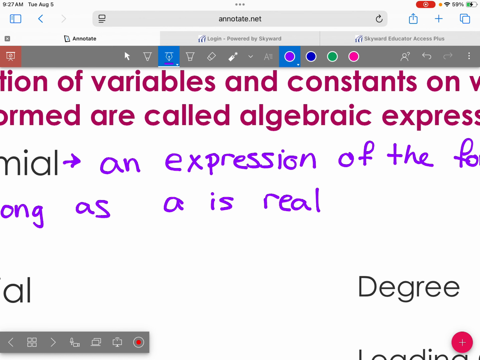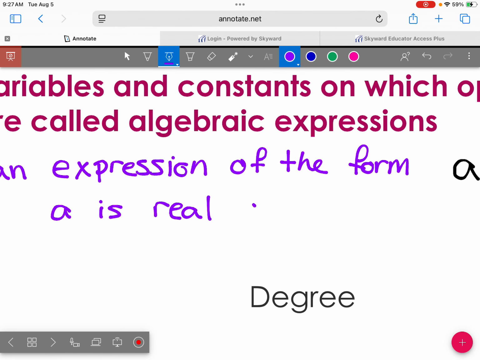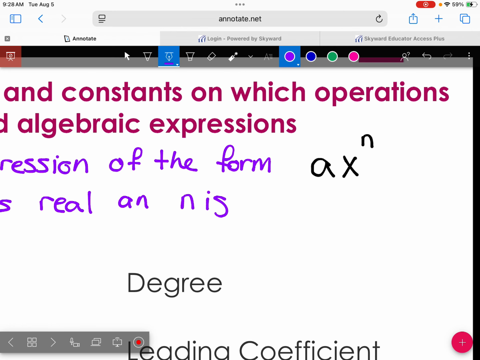We love that. And n is not negative. Very, very rarely will we get one that has a 0 in it when we're talking about monomials and polynomials, but it could.